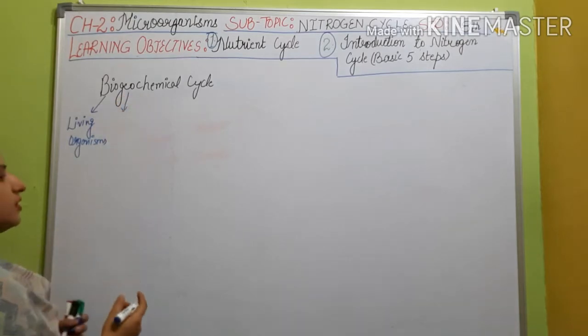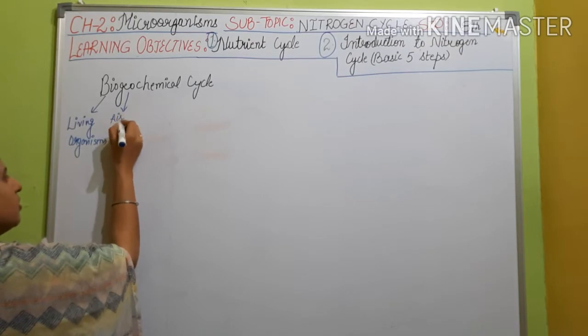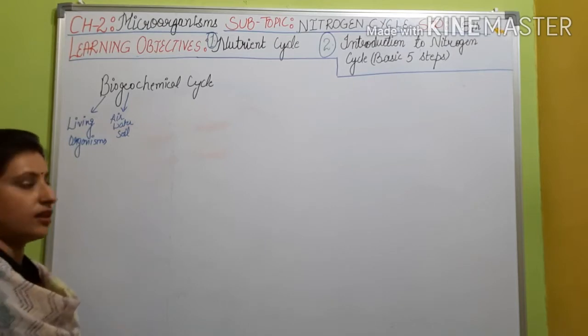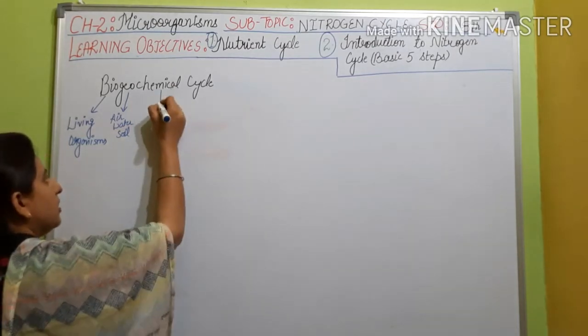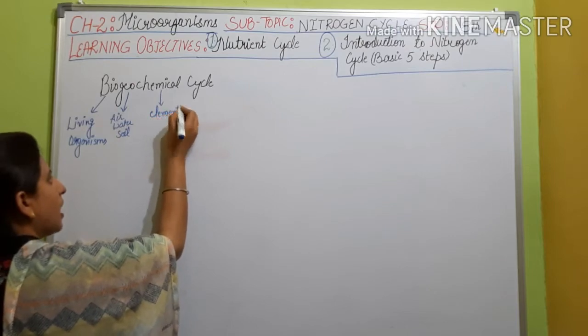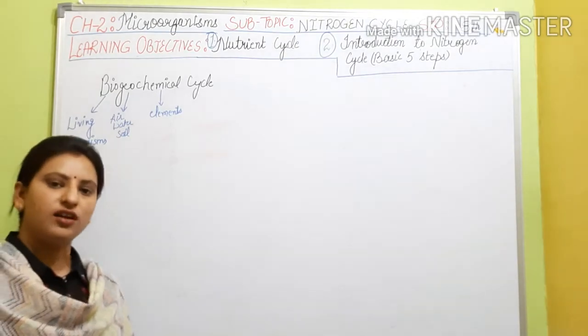Geo means things which are related to earth, like air, water, soil. They are natural non-living things. And chemical means elements, as we know that there are 118 elements present on the earth's surface.